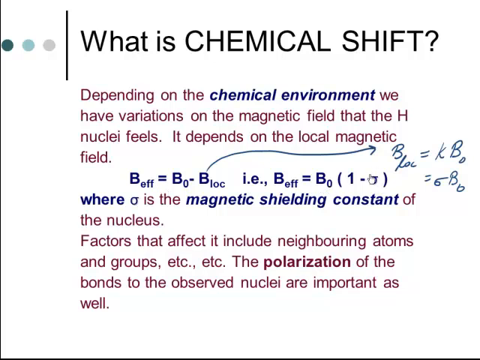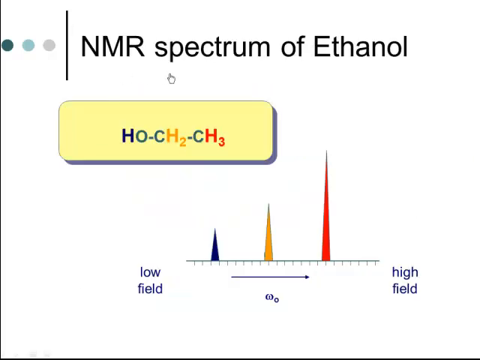Now this shielding constant for different nuclei is different, and therefore this effective magnetic field as experienced by different nuclei will be different. Have a look at the spectrum of ethanol. As I told you all earlier, there are three chemically non-equivalent protons, the ones belonging to the methyl group, the second belonging to the methylene group, which is the CH2 group, and the third one belonging to the OH group.